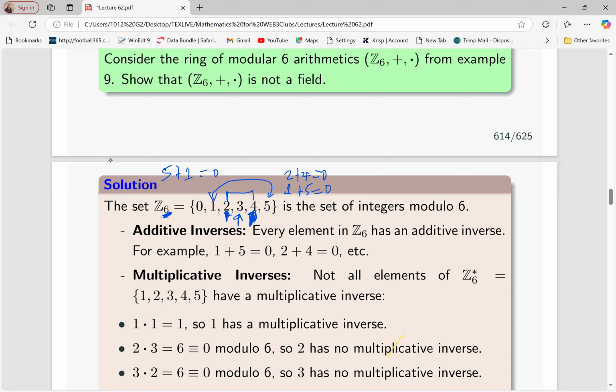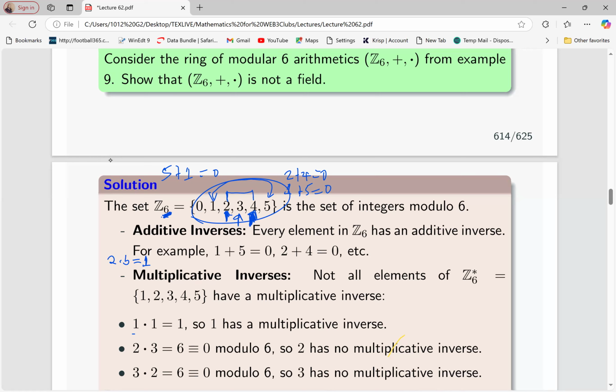The problem is multiplicative inverses. I cannot see an element which, when multiplied by 2, gives me 1. Among these elements, there is no one element that you can multiply by 2 to get 1. There is none.